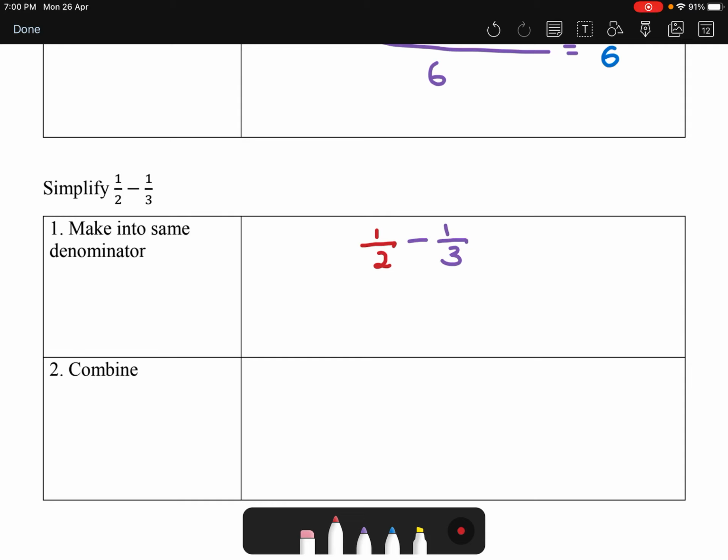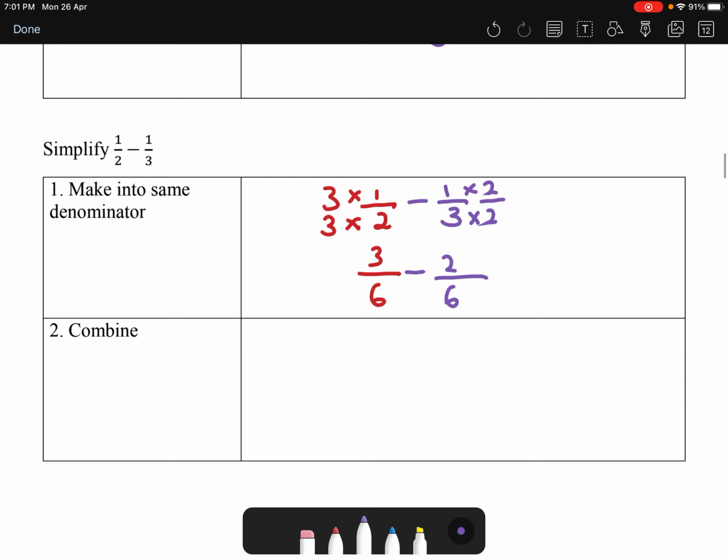So I should make both of them a denominator of 6. For the first term of half, I should times 3 here, times 3 here, so 3 over 6, minus. For 1/3, I must multiply by 2 and times 2 here. So for the second term, 1 times 2 is 2, over 3 times 2 is 6.